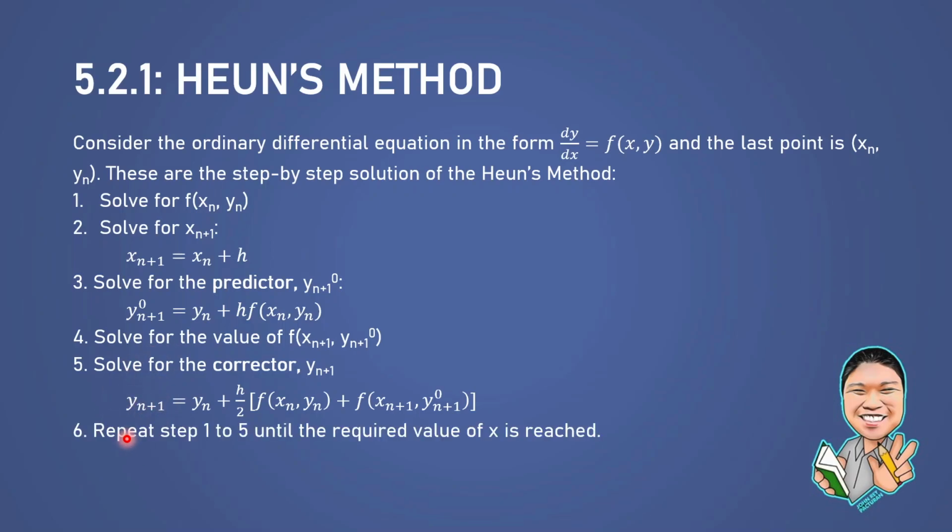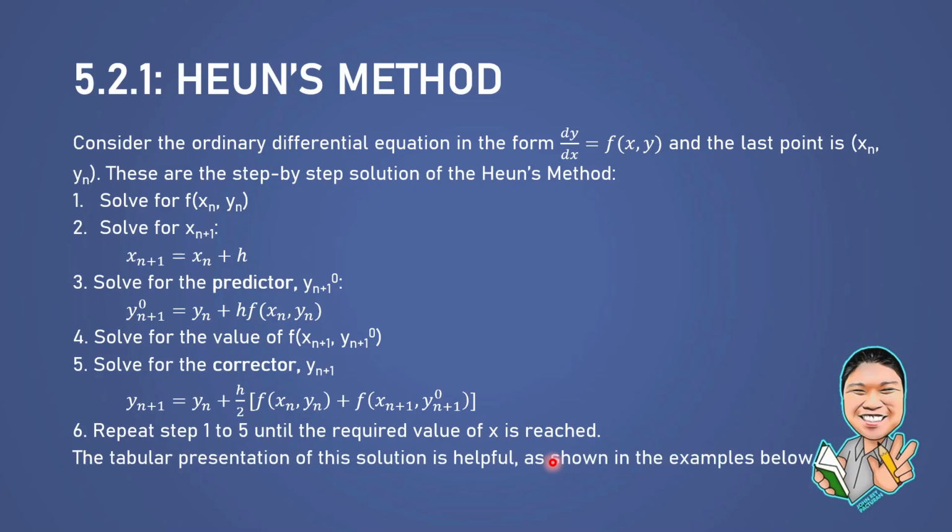So, yung number 6 is of course repeat steps 1 to 5 kasi nga ang mga process natin sa differential equations ay repetitive. So, until the required value of x is reached. The tabular presentation of this solution is always helpful as shown in the example below. So, since this is an advanced topic in numerical methods, di ba?